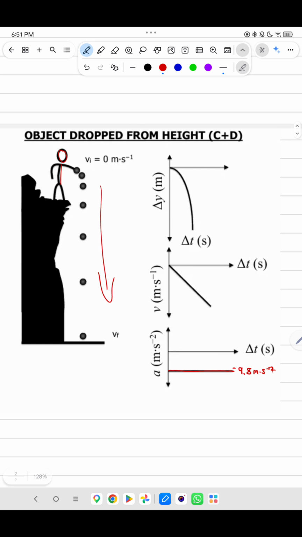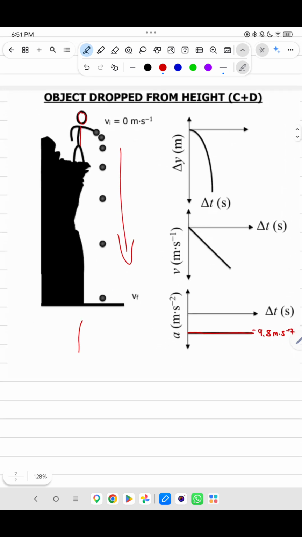The only reason could be if we chose up as positive, because if we chose up as positive, anything going down is going to be negative. So gravitational acceleration, we know that Fg goes down. That's the force of gravity, and its acceleration is also down.